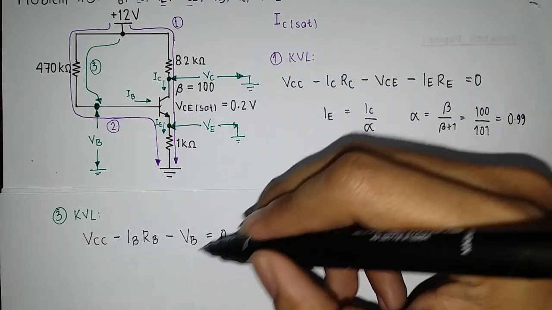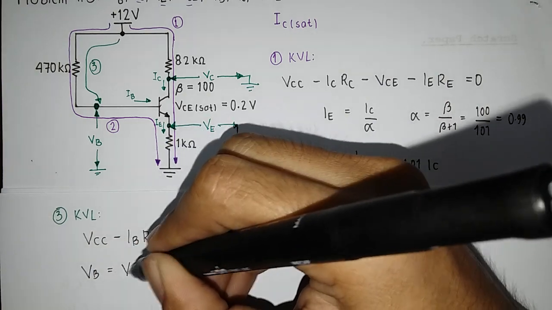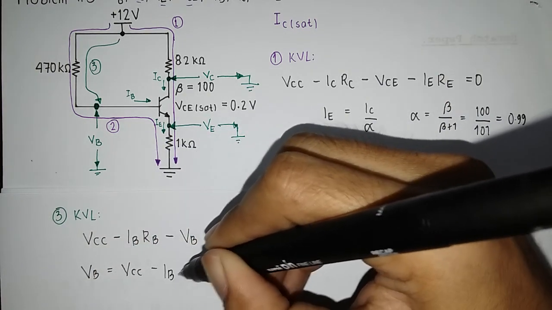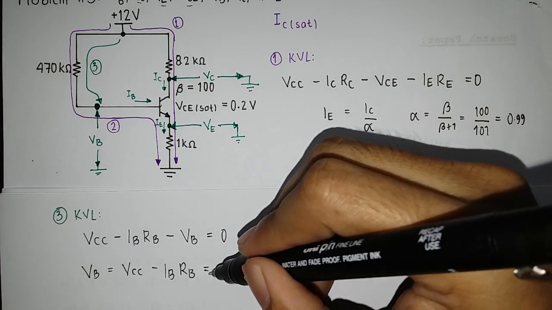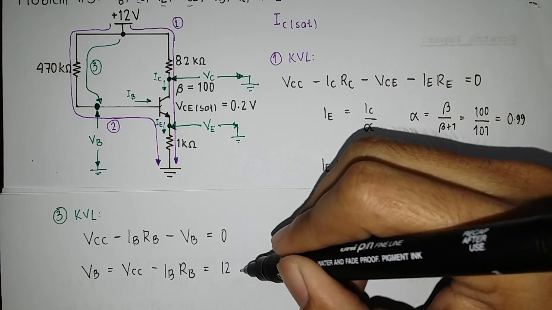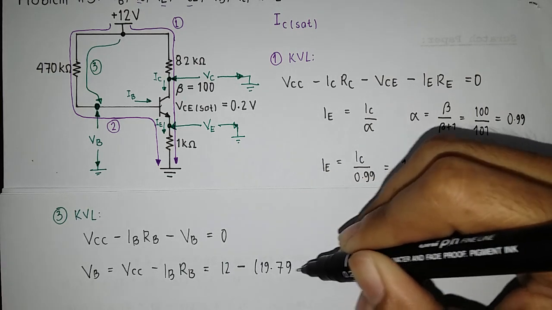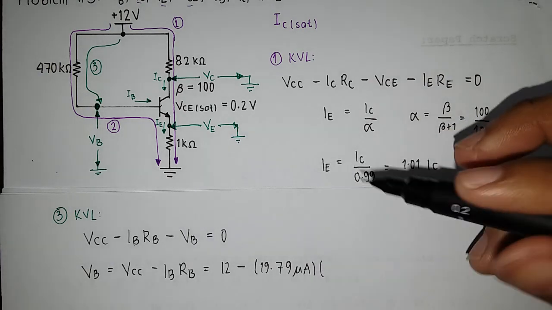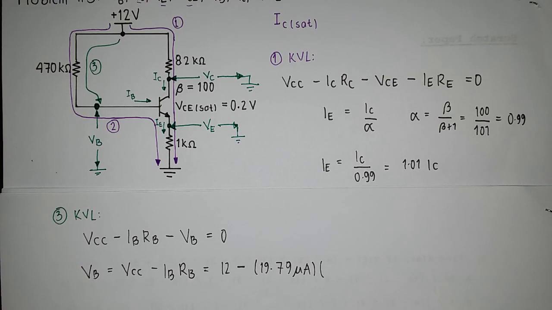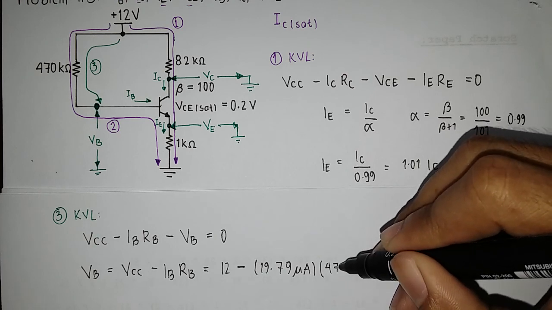Okay, so tatranspose lang natin yung VB sa kabila. Makukuha natin VB is equal to VCC minus IBRB. So makuha natin by substitution, 12 volts minus IB na 19.79 microamperes times RB, which is 470 kilo ohms.